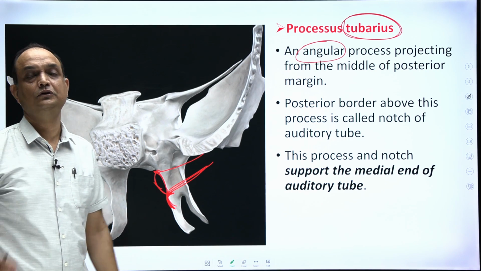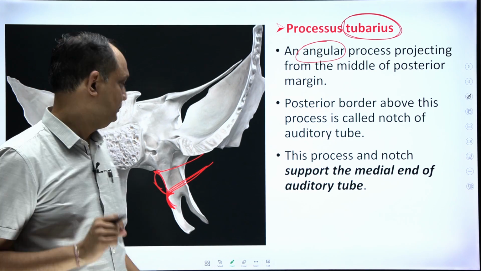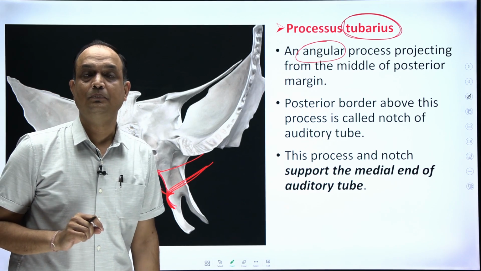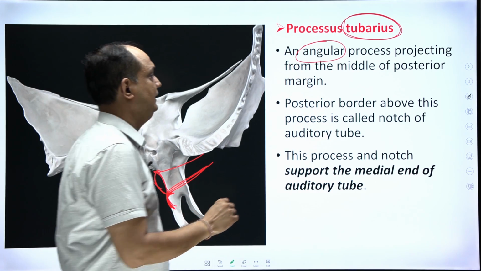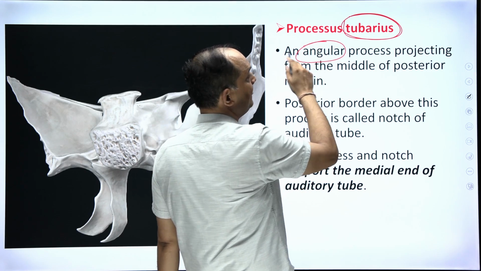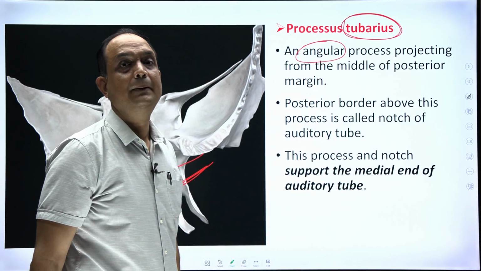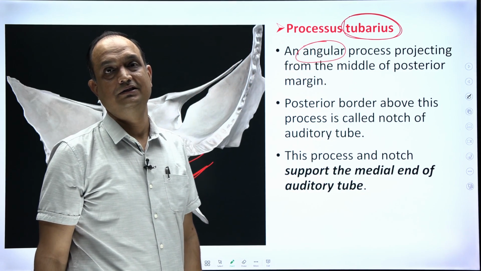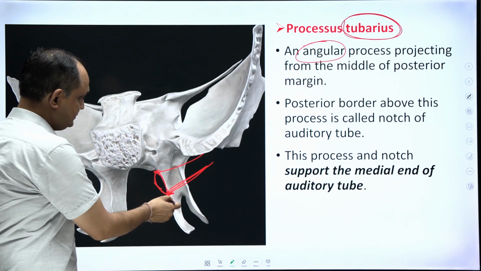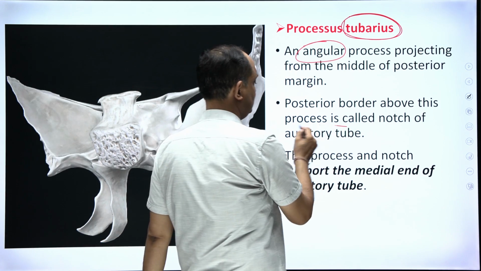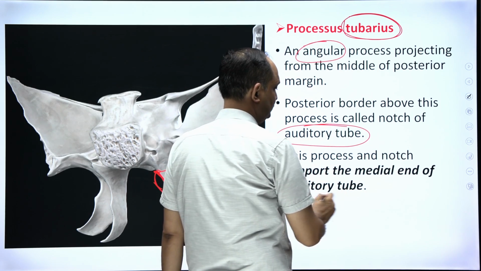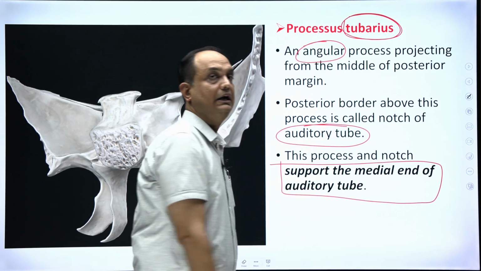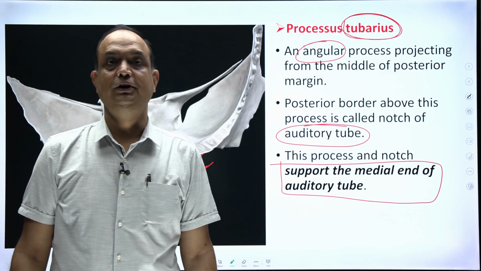It is a small projection on the posterior border of the medial pterygoid plate, and this projection provides support to the auditory tube. Which end? Medial end. Which part? Cartilaginous part. Clear? And above this you will have a notch, and this notch accommodates the auditory tube. So this process and the notch support the medial end of the cartilaginous part of the auditory tube.